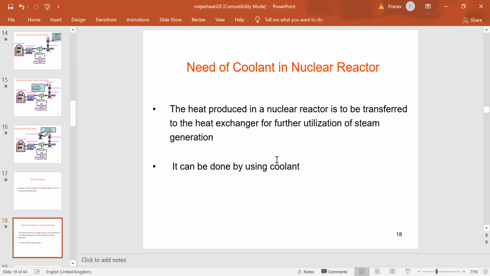If heavy steam appears, the steam is wasted in this nuclear reactor because heavy steam increases and it will be wasted in the reactor. So to remove the wastage, the heat produced in the nuclear reactor will be transferred to the heat exchanger for further utilization by steam generators by the use of coolant.